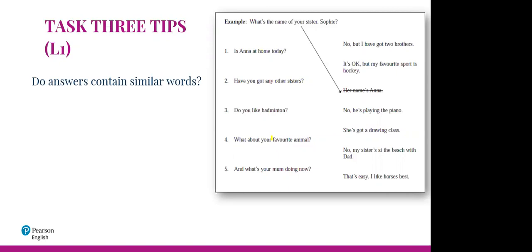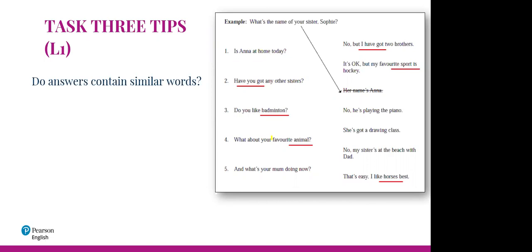Another thing that we have to teach our pupils is, well, analyze the questions and answers, look at the vocabulary items. Maybe there are some similar words or maybe similar structures. As you can see here, for example, the structure have got is reflected in the answer, or we have words belonging to the same vocabulary area, like badminton and sport, or maybe animal and horses.